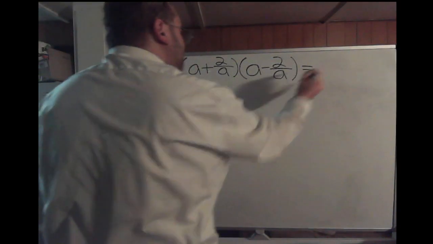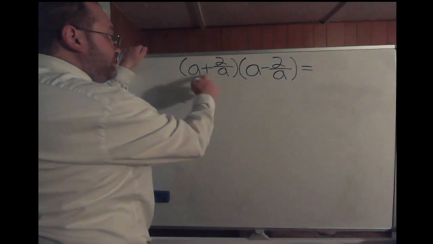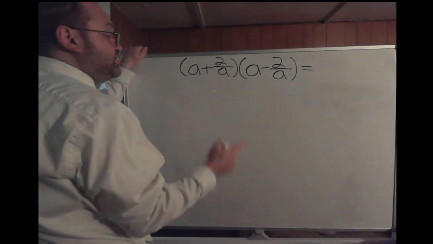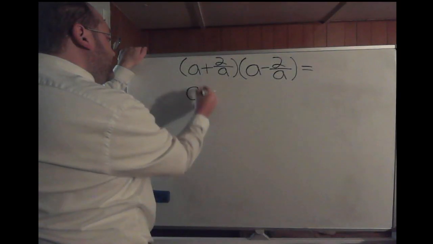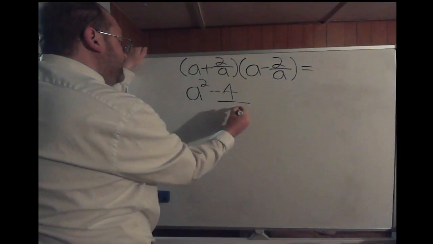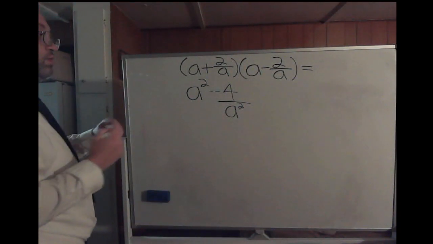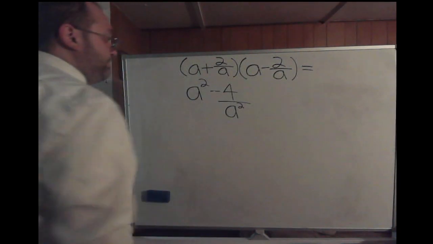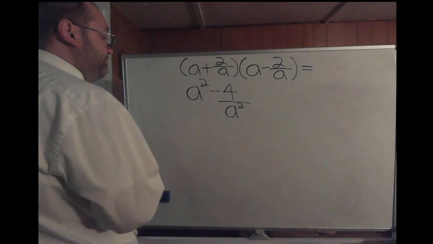It certainly does. We can take the shortcut, since you have 1 plus 2a and 1 minus 2a, you would end up getting a squared minus 4 all over a squared. That's going to be your binomial square. It beats foiling. You could save yourself some foiling.